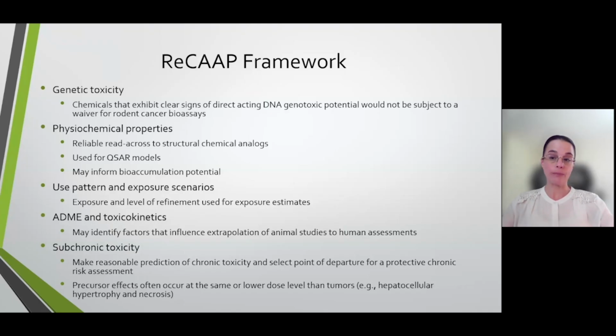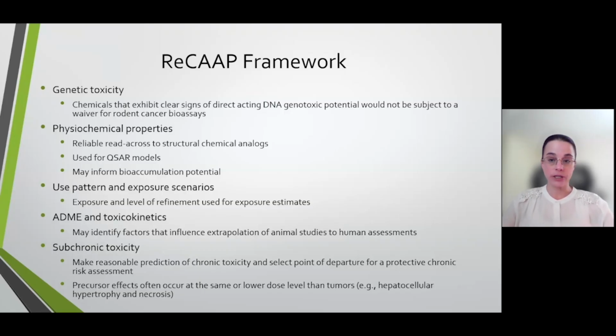An example could be the solubility or the hydrophobicity. Knowing that information about a chemical can influence its bioaccumulation. This is important information to know because in some cases, there is extrapolation from a subchronic to a chronic duration. So understanding the bioaccumulation potential of a chemical is important.